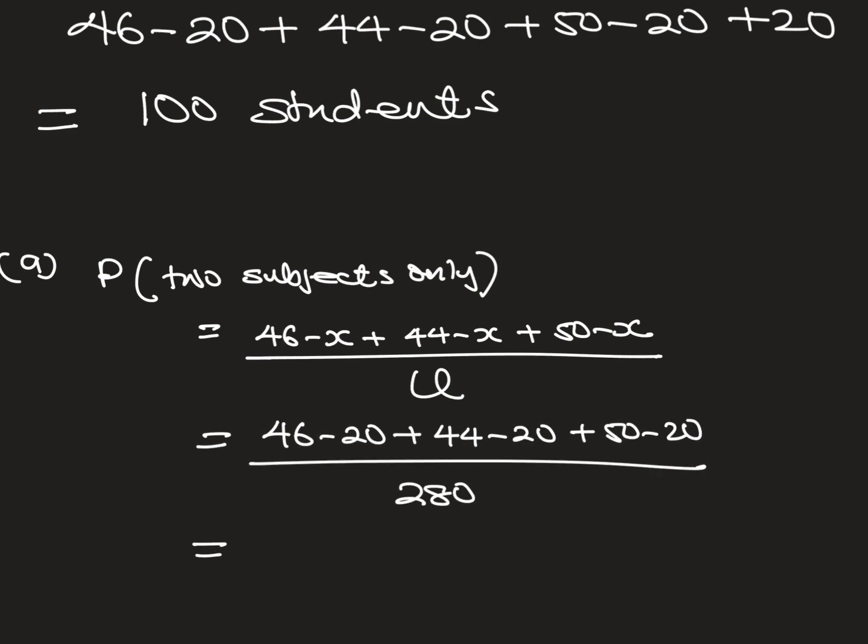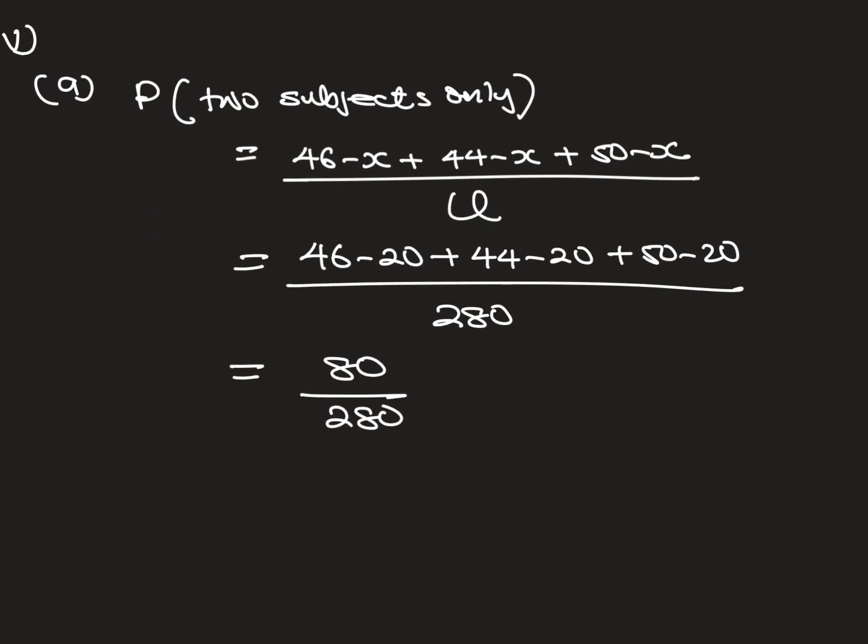That is the total number of students in the class. So 46 minus 20 plus 44 minus 20 plus 50 minus 20, that will give you 80 over 280. And if you simplify that, 80 over 280, you will have 2 over 7.